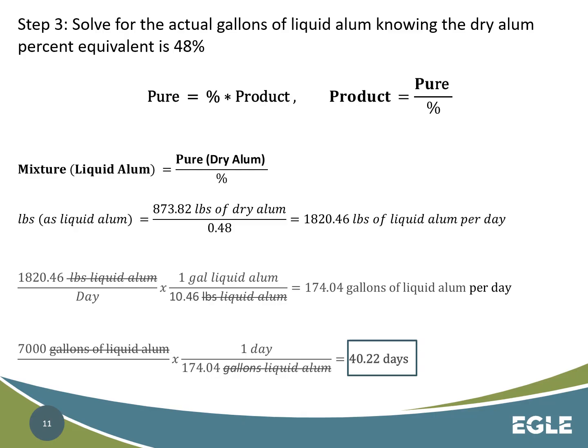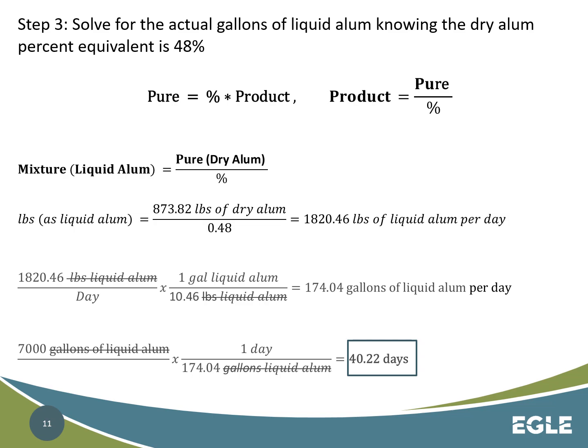So the next part is you want to ask yourself, what am I trying to find? Am I trying to find the product? Am I trying to find the pure? In this case, the product is our liquid alum, right? And our pure is our dry alum. Why? Because in the problem statement, we're given that dry alum percent equivalent in this solution is 48%.